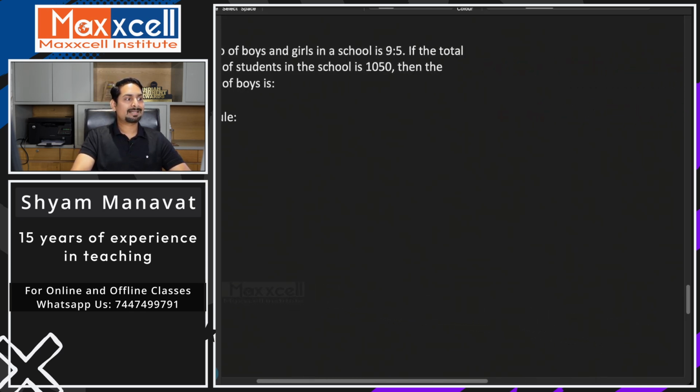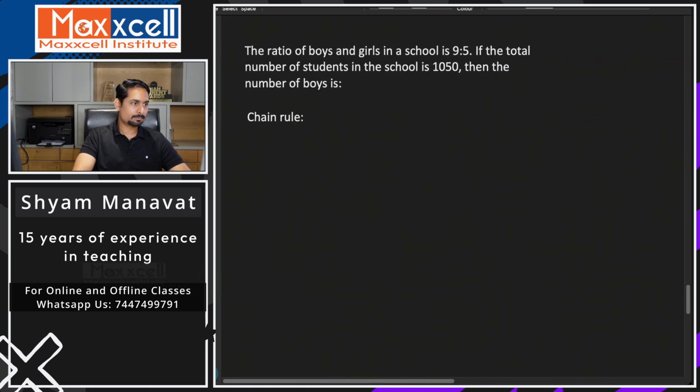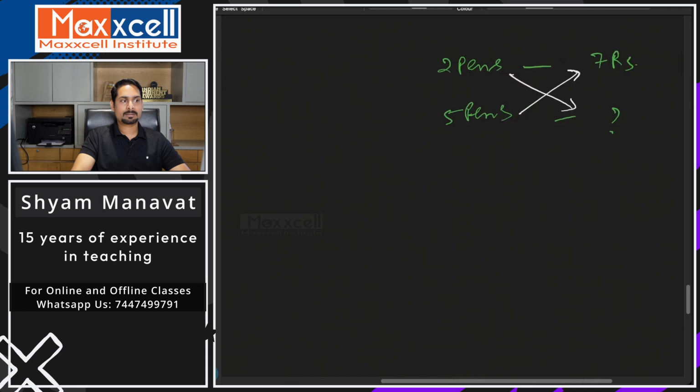I'll give you a reason why I'm calling it chain rule: in different situations you will have different ways of multiplication, cross multiplication or straight multiplication. As of now, just keep it to only this. I will discuss chain rule again in detail when we discuss proportion. Right now we are discussing ratio.